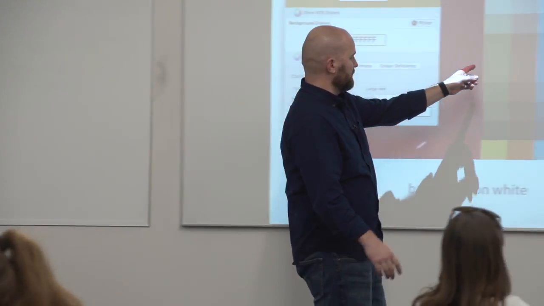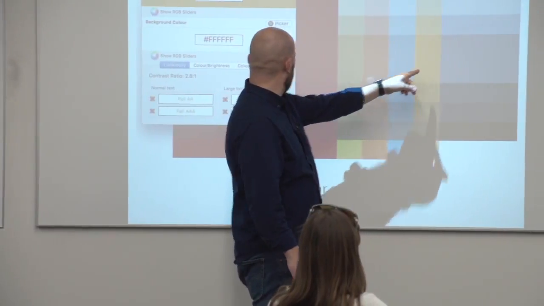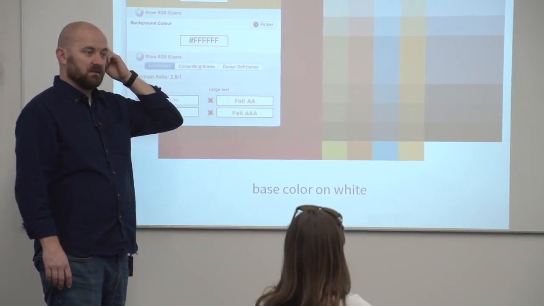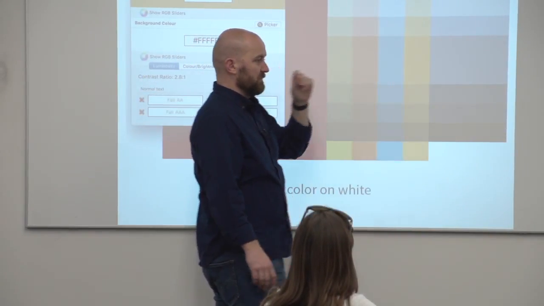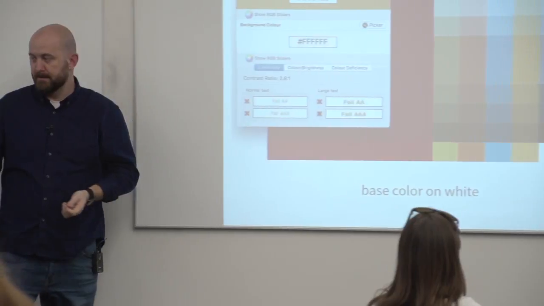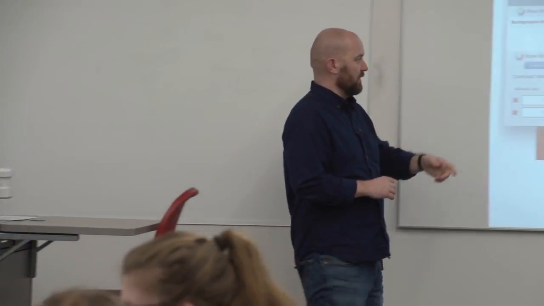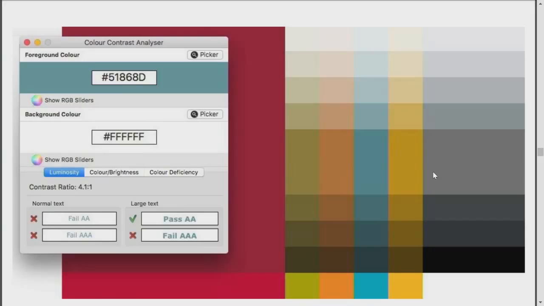So if we go to our main colors, here's our main colors. I've sampled the yellow, and it still fails on white, right? And this is one of our standard colors. And then if we go to our standard blue, we pass on large text.